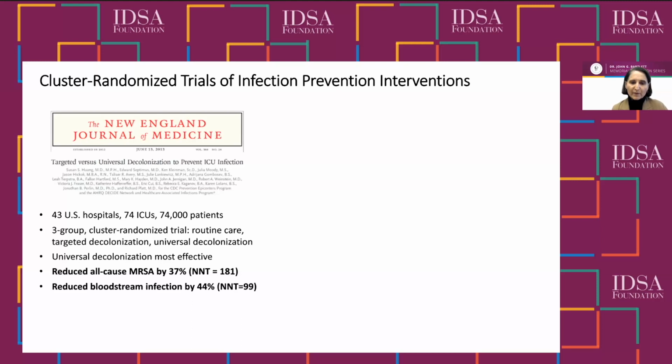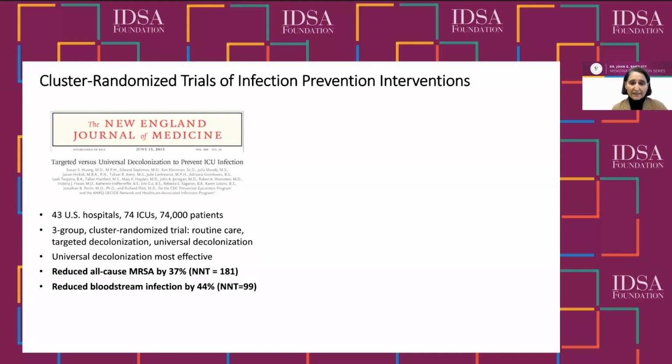It was a 3-group cluster randomized trial comparing routine care to targeted decolonization of patients screened and found to be positive for MRSA, and then universal decolonization with chlorhexidine bathing and mupirocin in the anterior nares for all patients in the ICU, no screening.